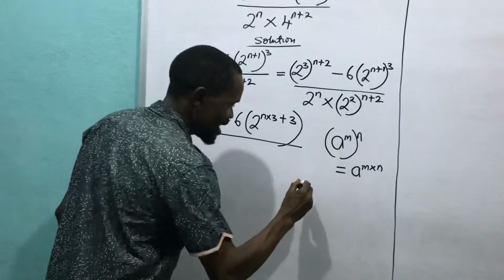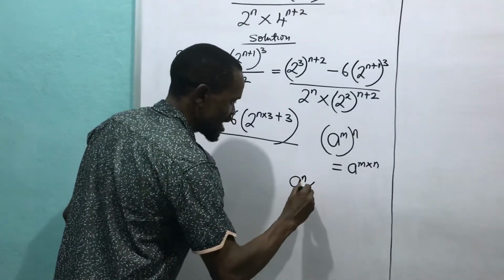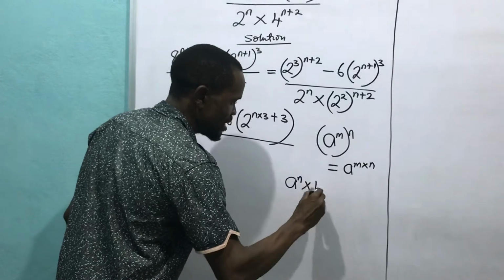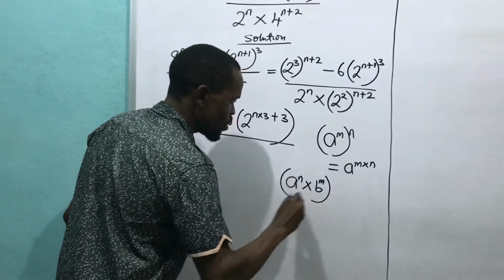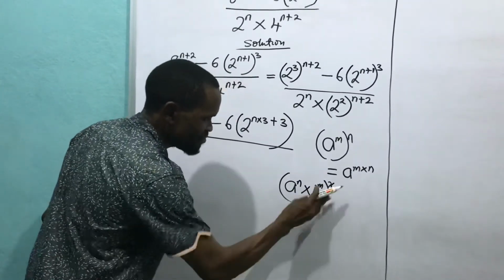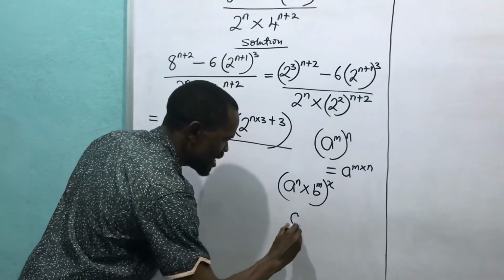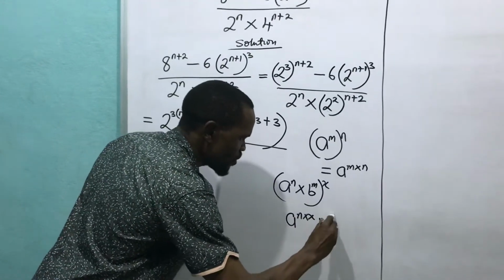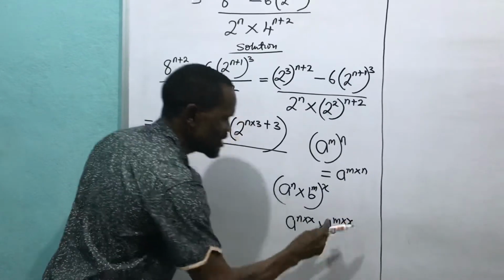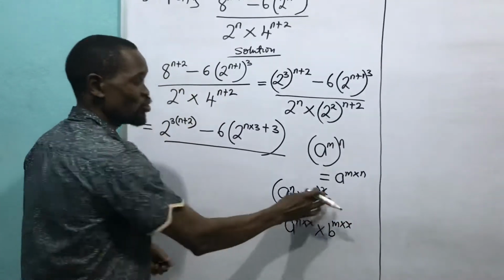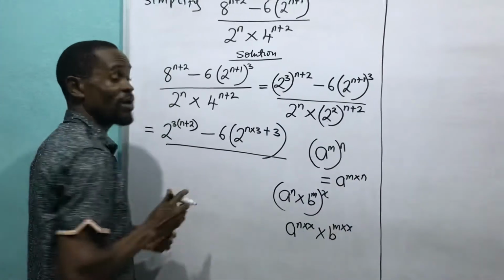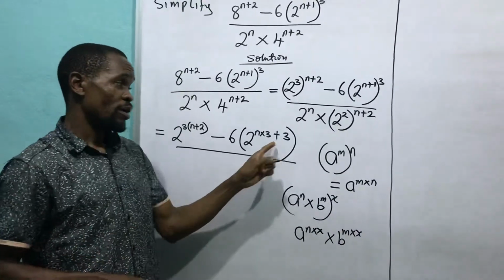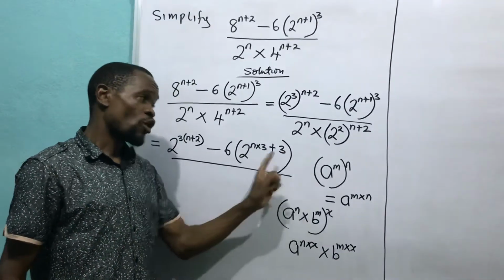For instance, if I have (a^n × b^m) all raised to power x, if I open this bracket, I will have a^(n×x) times b^(m×x). Have you seen it? The powers will multiply themselves. That's what I did here. The power law. Remember it?